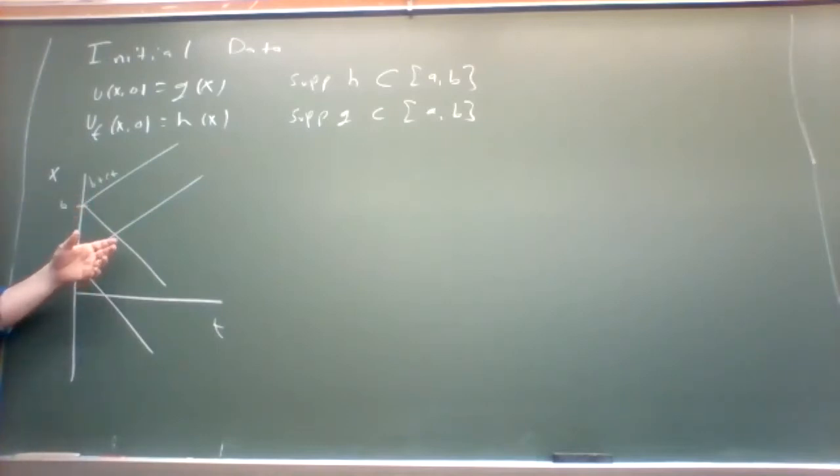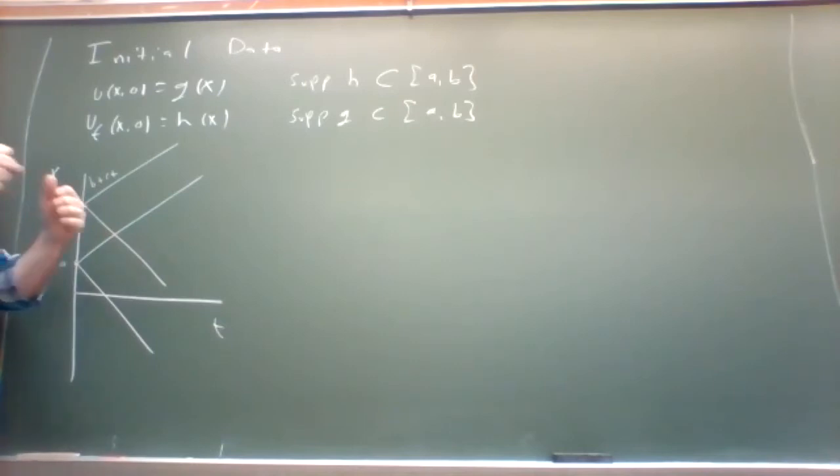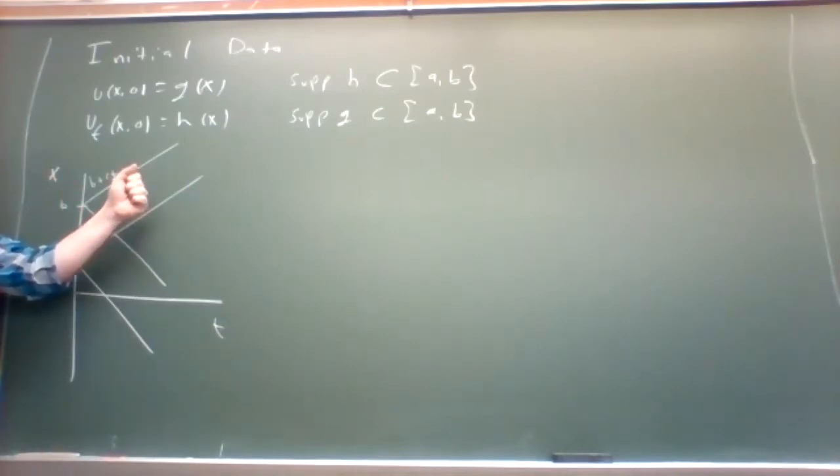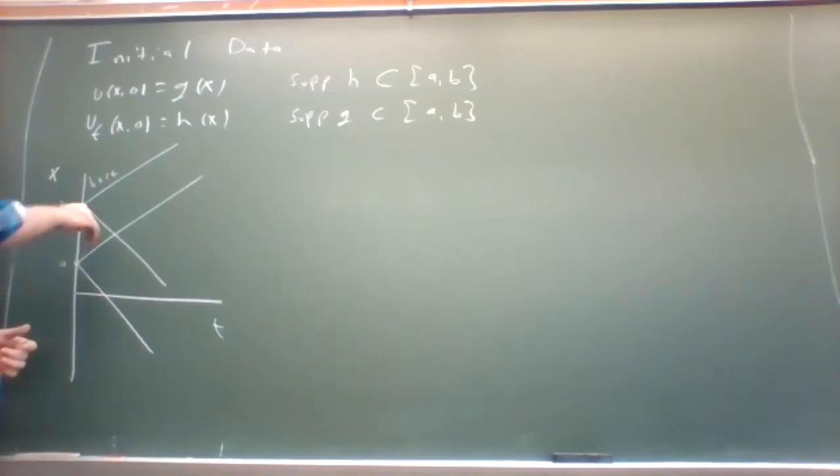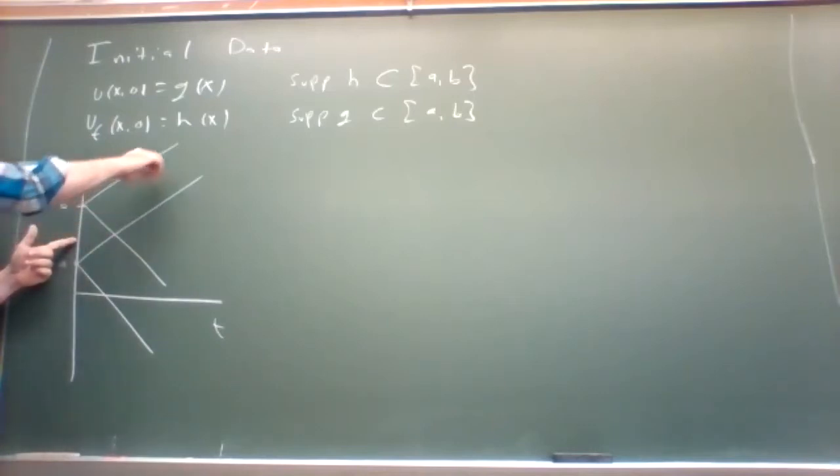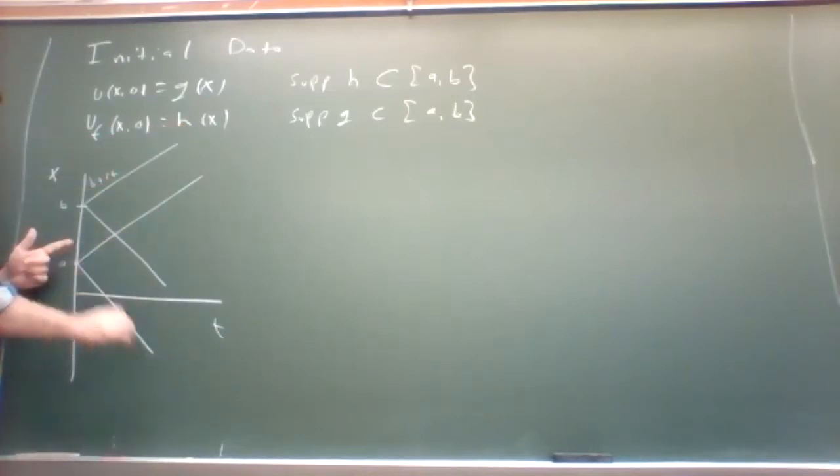But physically, looking at the string, you're starting with a wave, and it's traveling to the left and to the right. That's the g(x plus ct), the g(x minus ct). But in space-time, you're going off in that direction. You can think of it this way: this is your wave that's traveling to the right, that's your wave that's traveling to the left. And if you're outside this region, then you're going to be zero. More on that in a second.